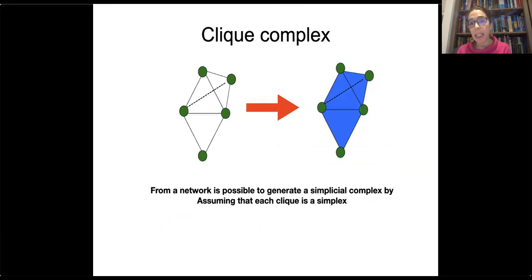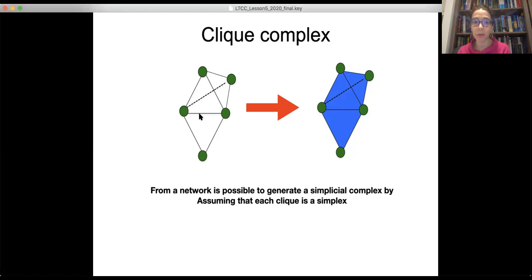For any given network, it is possible to construct a simplicial complex by doing the operation of the clique complex. So you consider every triple of connected nodes to be forming a triangle, every 4-clique to form a tetrahedron, and so on.